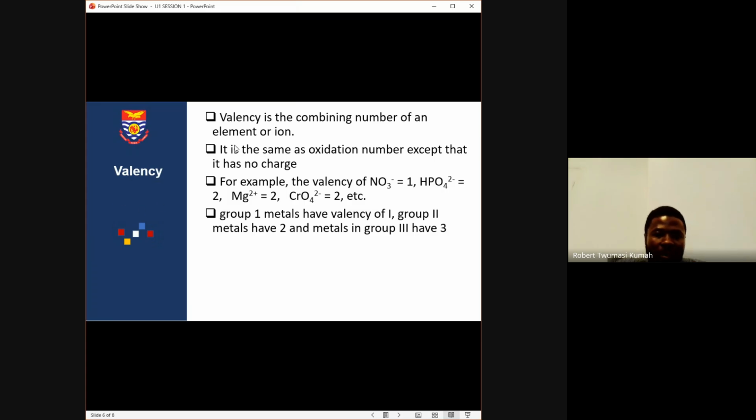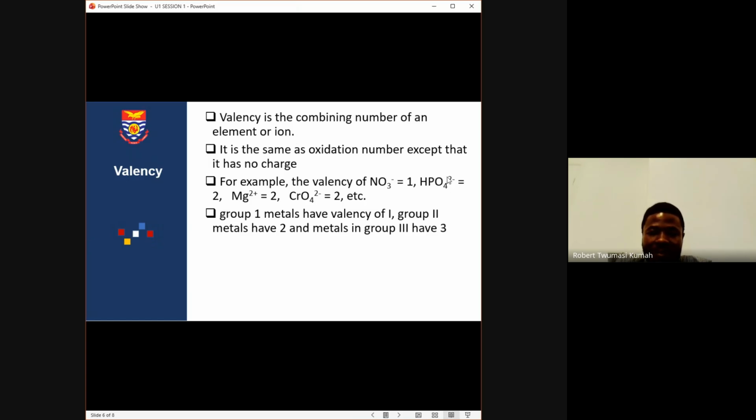So, for example, Zachariah, this phosphate ion here, the whole of the group becomes a radical. The whole of the group with the charge on it is a radical.